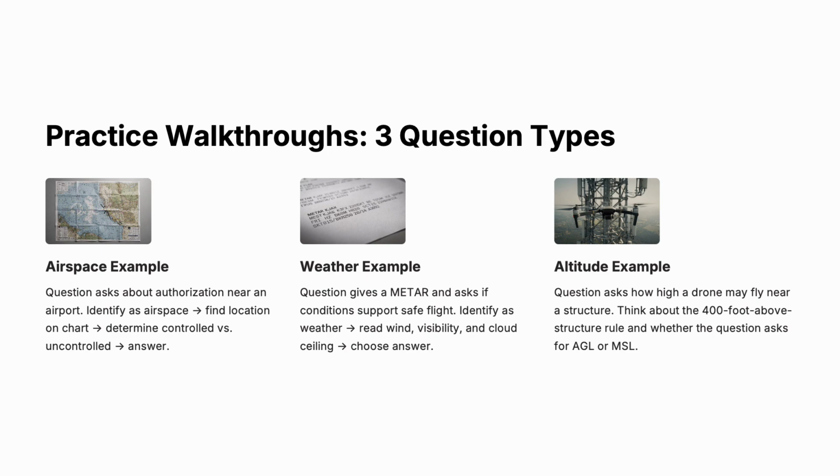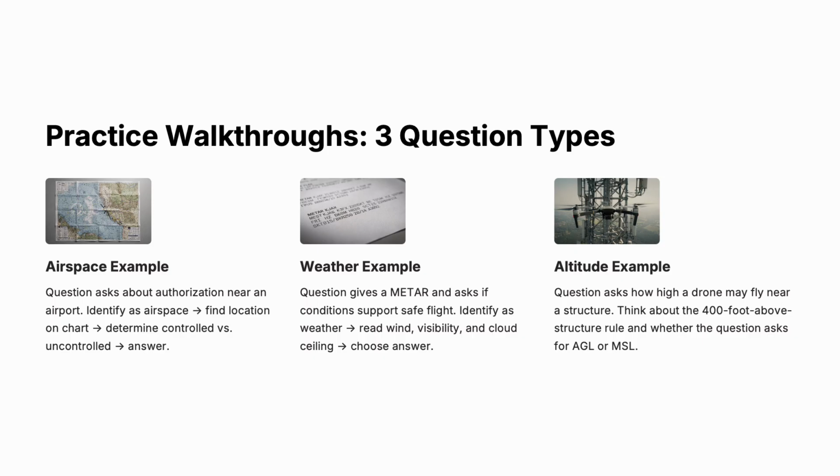Let's walk through 3 example question types using the strategy we just built. Airspace example. The question asks about authorization near an airport. Identify it as an airspace question. Find the location on the chart, determine whether it's controlled or uncontrolled, then answer. Weather example. The question gives you a METAR and asks whether conditions support a safe flight. Identify it as a weather question.